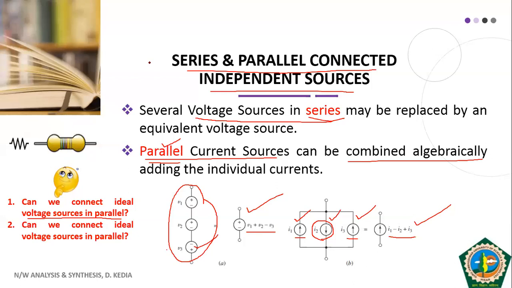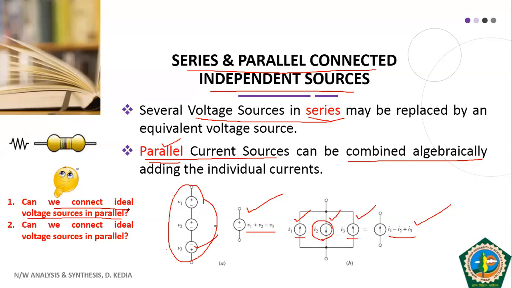So sir, if we connect voltage sources in parallel, I don't think there is any effect. See, we can connect voltage sources in parallel only when they possess the same values. Even if you connect two voltage sources in parallel having different values, they will arrive at the same value after some time.